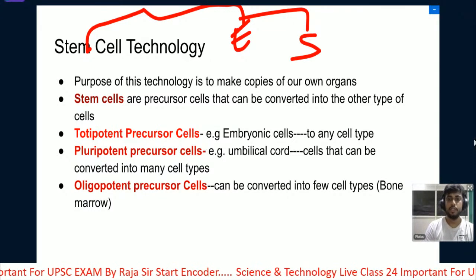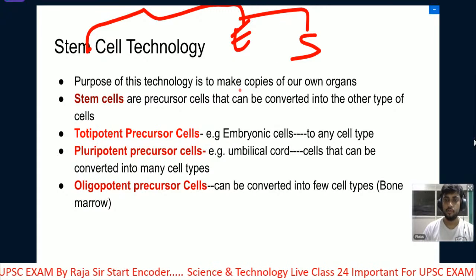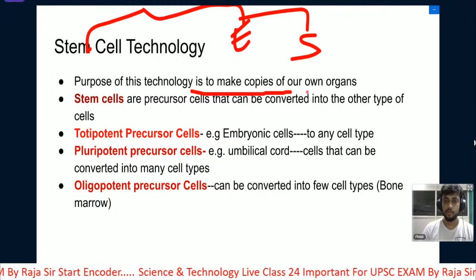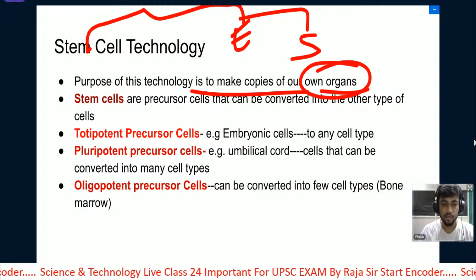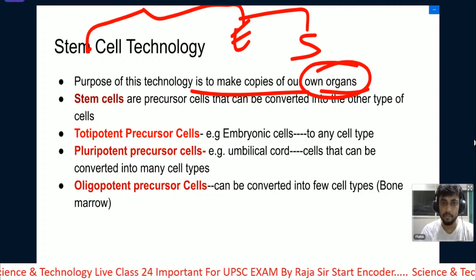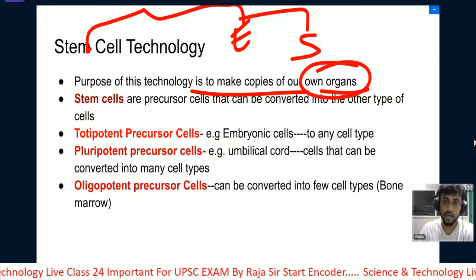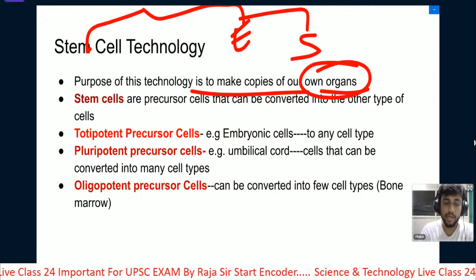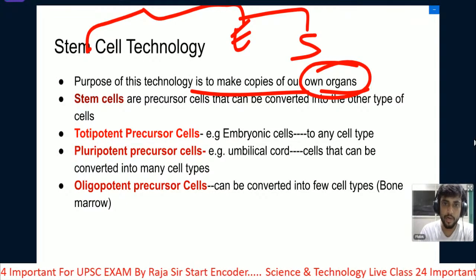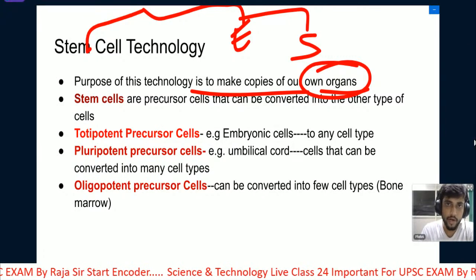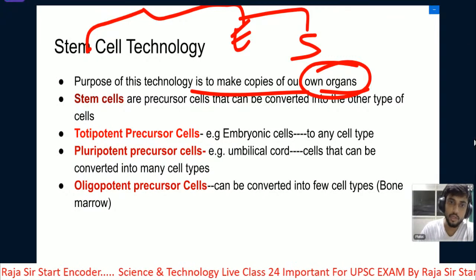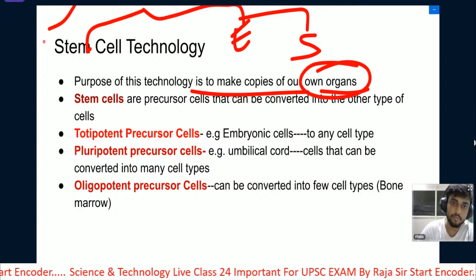So this technology is used to make copies of our organs, or if we try to create our organs artificially inside the lab, these stem cells are used. If a part of your organ is destroyed, it can be regenerated, or the scientists, the doctors, are trying to regenerate a part of the organs using this stem cell technology.